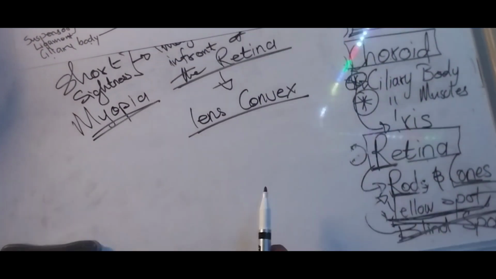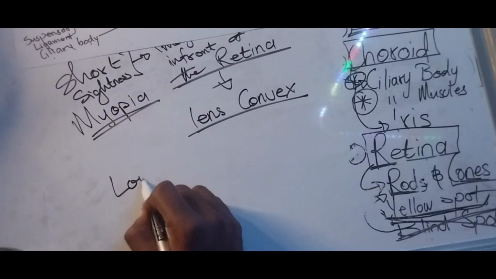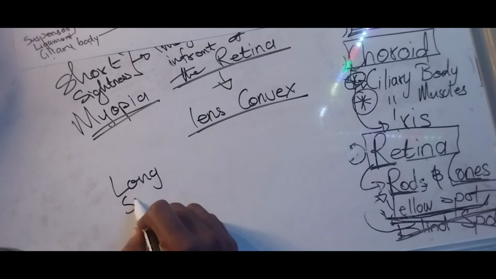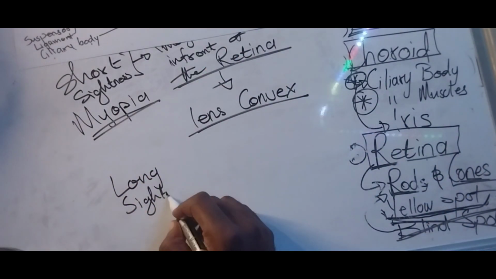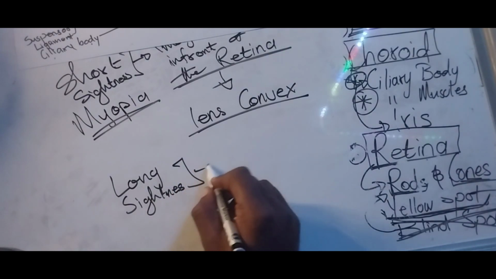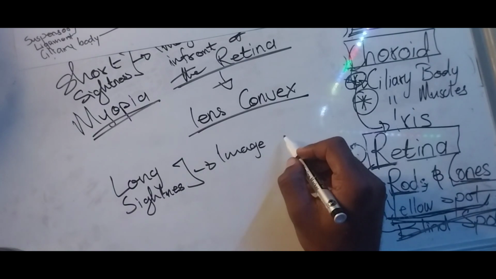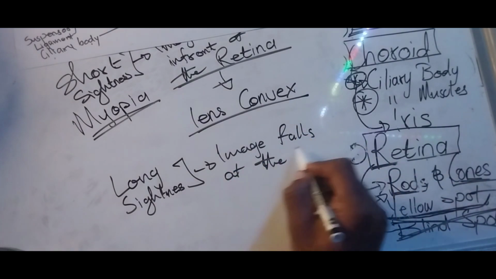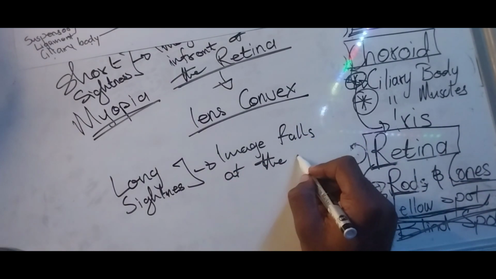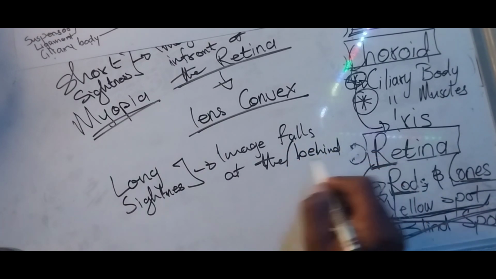Sweet. So now, long-sightedness. What are we talking about here? It's the opposite of all this. Now the image will not fall in front, but will fall at the back, behind the retina.